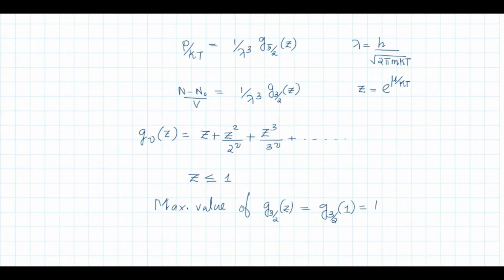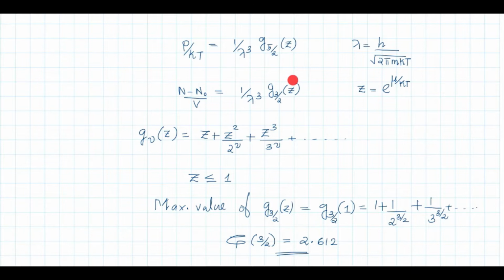So that value will be 1 plus 1 by 2 raised to 3/2, plus 1 divided by 3 raised to 3/2, plus etc. This value is actually 2.612, and we can denote it as zeta of 3/2. This is the maximum value that the function g 3/2 of z can take.